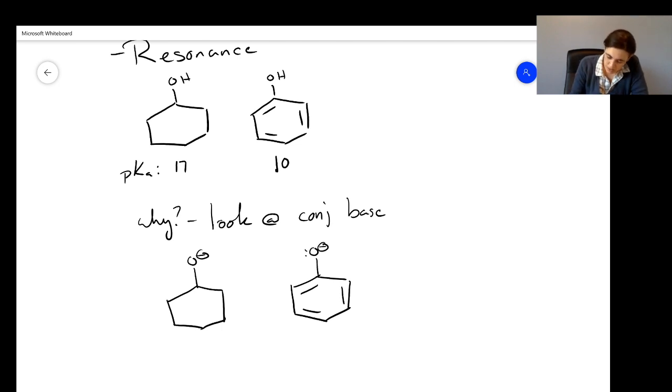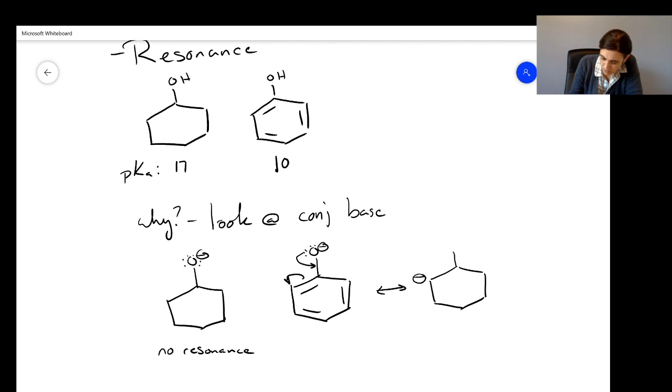we see that the lone pairs on the oxygen here are stuck on our cyclohexanol, right, because they're attached to an sp3 hybridized carbon, there's no resonance involved in this molecule. So the oxygen is stuck holding that full negative charge. In phenol, we can move one of these lone pairs down and push the lone pair onto a carbon to share the charge across the ring. Right?